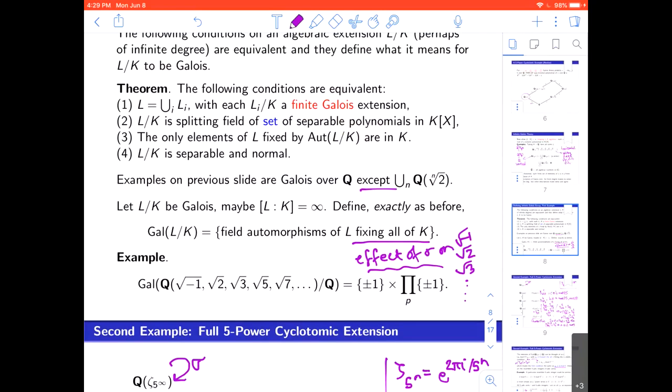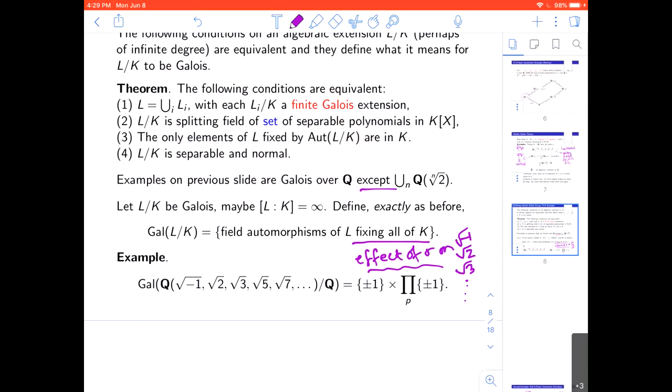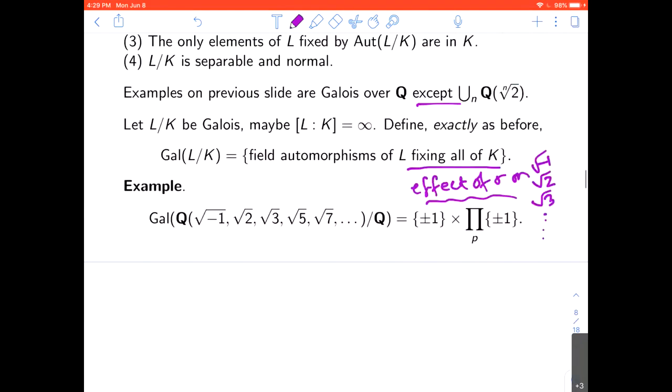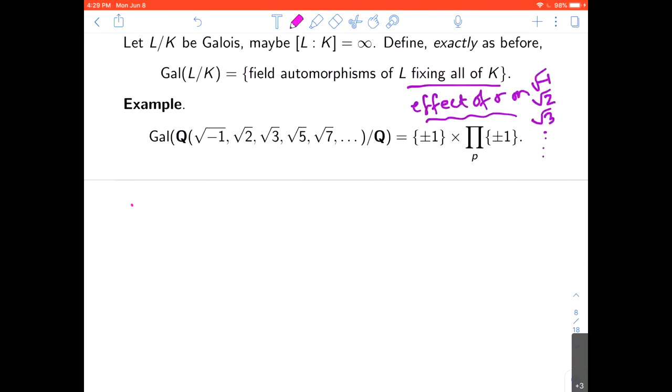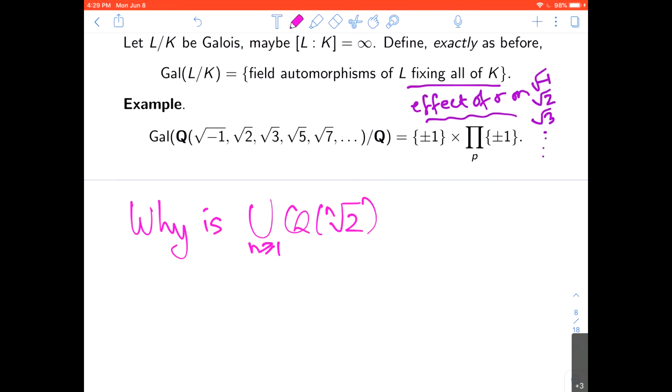All right, so let's discuss that. Why is the union not Galois over Q? Think about this inside the real numbers, compatible nth roots of 2.